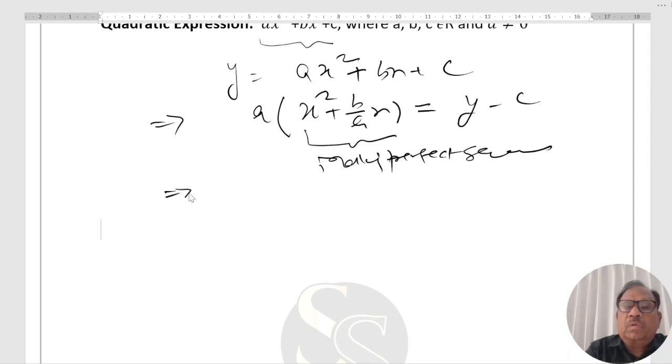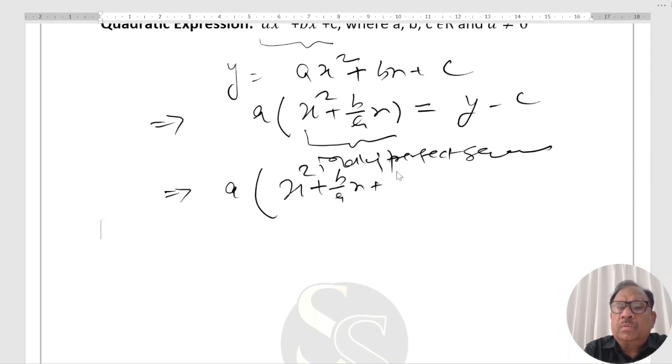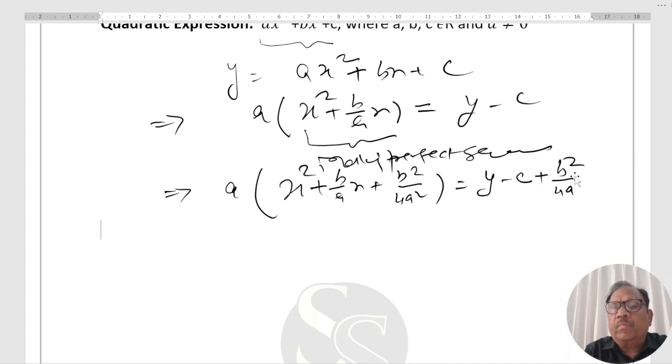To make it a perfect square, add half the coefficient of x, b by 2a, squared: x square plus b by a x plus b square by 4a square. Multiplying by a, we get y minus c plus b square by 4a.